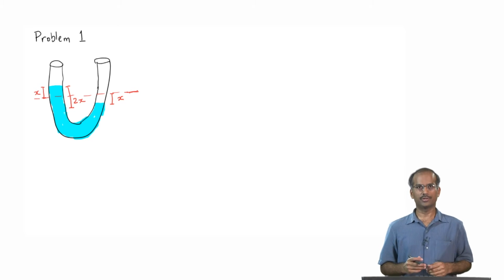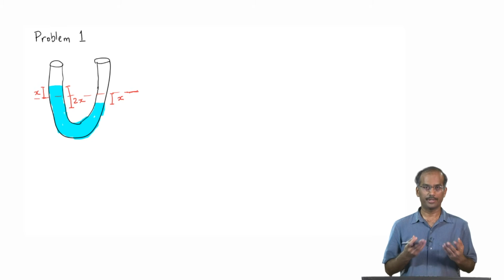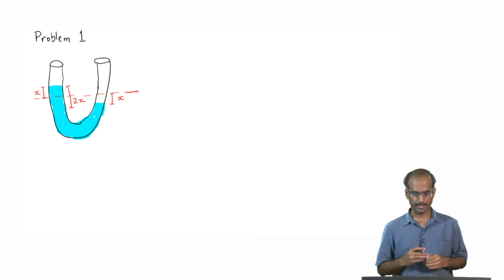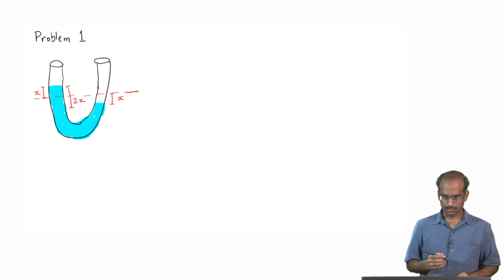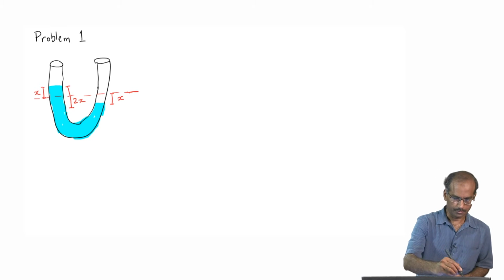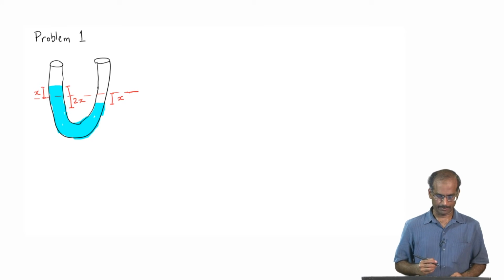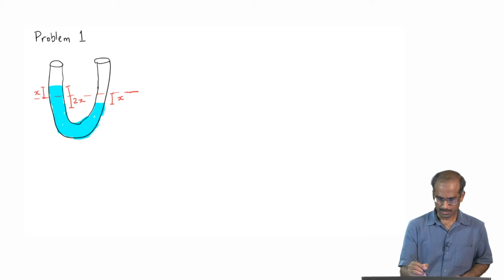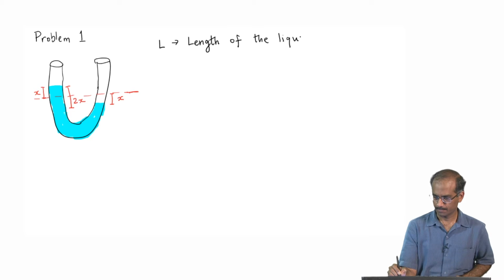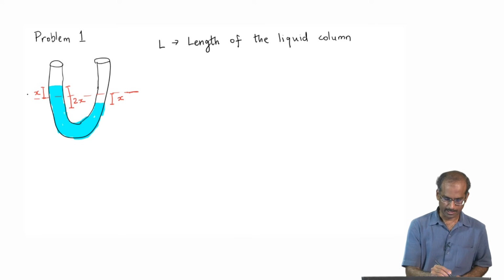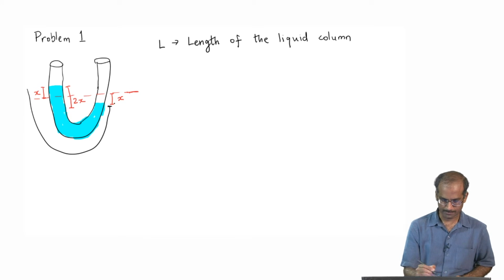So, now the question is, what is the time period of oscillation for this case? To do this, we will need a few other parameters. Let us assume that L is the length of the liquid column. That is this entire length starting from here to here.